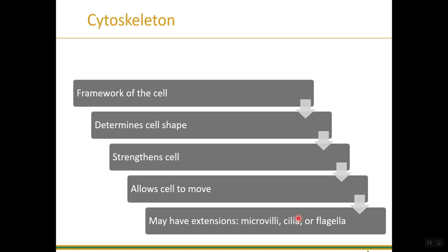You're going to find this in the respiratory tract and also in the fallopian tubes, which is part of the female reproductive system. And then the flagella, these are similar to the cilia. They are found on sperm cells, and they do a whip-like motion to help the cell move. And that's all on the bottom of page 42.